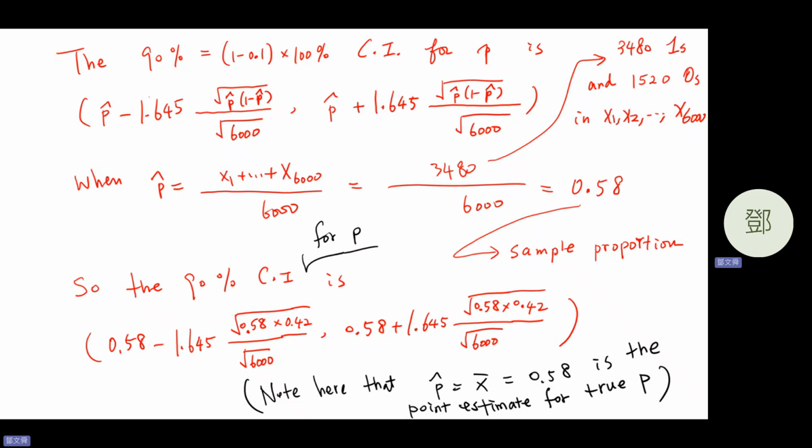And a confidence interval is the interval estimate for the population parameter you are interested in.